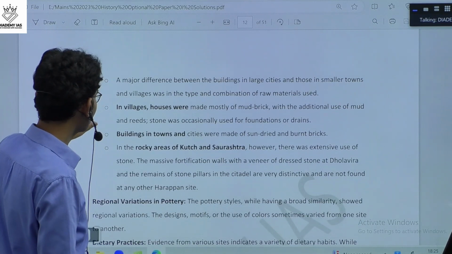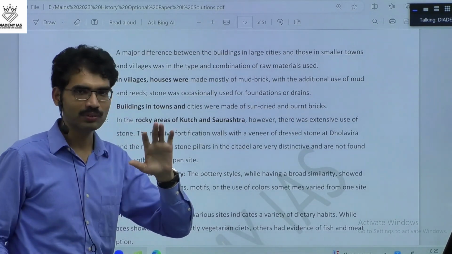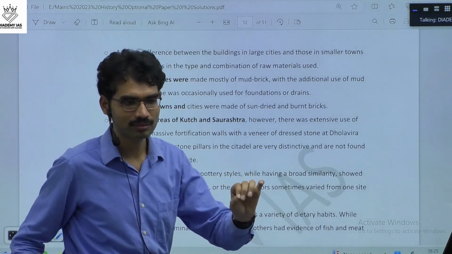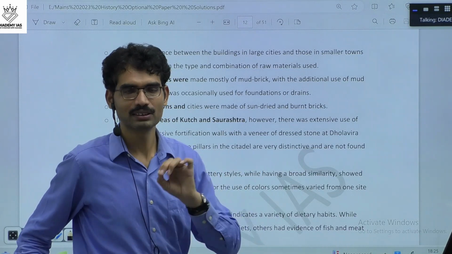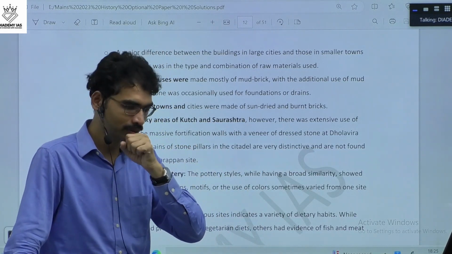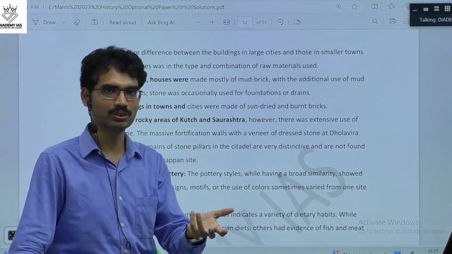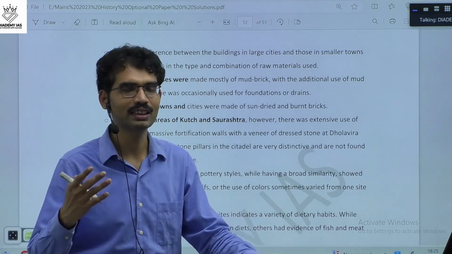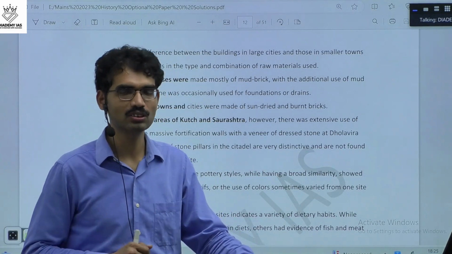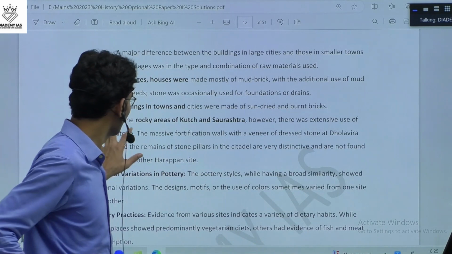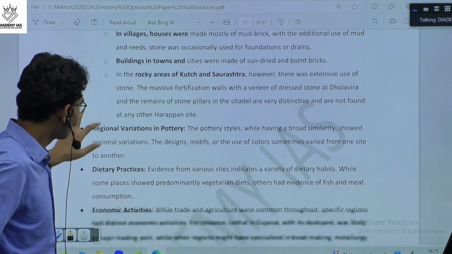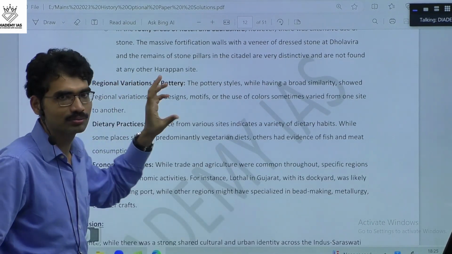Then housing pattern also. Most of the places, mud bricks, burnt mud bricks. But in all the places, they are not used. Mud bricks were used in certain cases, wattle and daub structures also used, differences. Regional variations in pottery also.